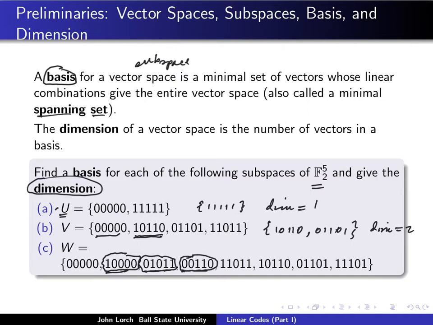But at any rate, if you choose these 3, that will form a basis for W. So your basis is 1, 0, 0, 0, 0, 0, 1, 0, 1, 1, and 0, 0, 1, 1, 0, and the dimension of this subspace is equal to 3, because that's how many vectors are in a basis for it.